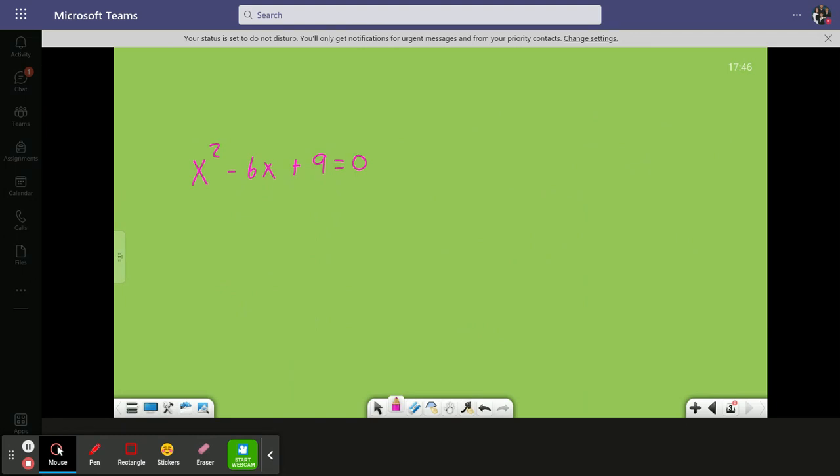Remember, that's just this part right here, b squared minus 4ac. My b is negative 6, squared, minus 4 times 1 times 9. So I get 36 minus 36 gives me 0. So that tells me I'm going to have just 1 solution, right? My parabola is going to come to the x-axis, touch it at one spot, and turn and go back again.